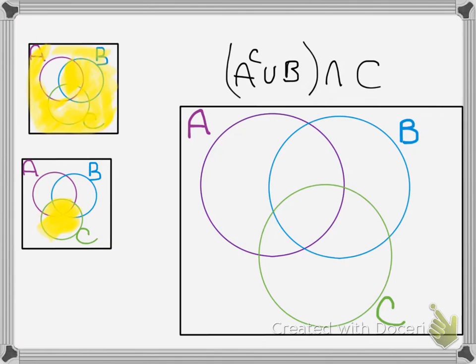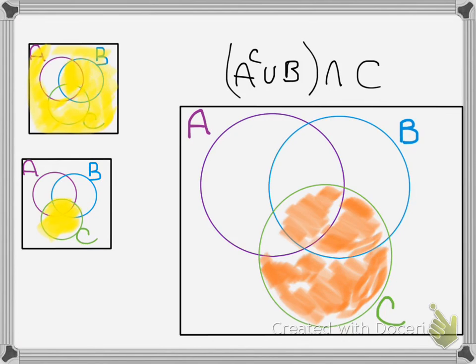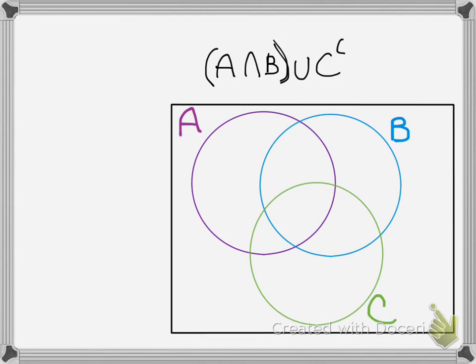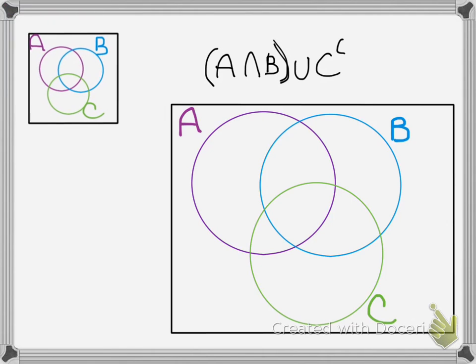Well, it's kind of hard to see, but what it really is, it's just C, but not even all of C. These two regions match, this one, but that one region that touches A is not included. Okay, last one.